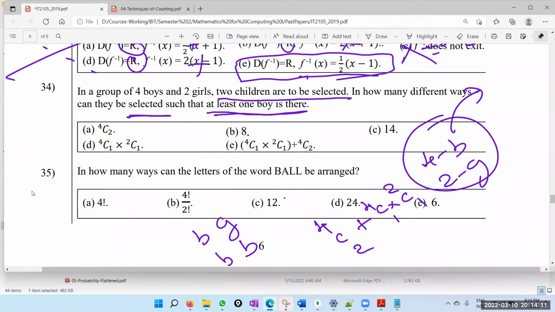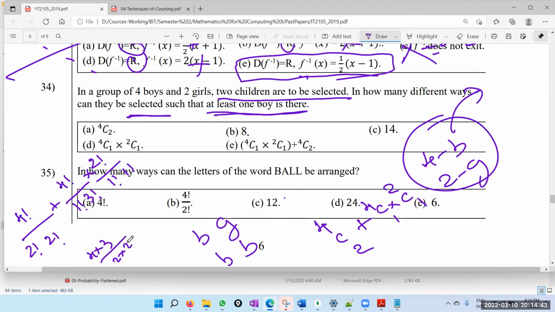This one, factorial 4, factorial 2, factorial n minus R is factorial 4 minus 2 is again factorial 2, plus 4C1, factorial 4, factorial 1, factorial 4 minus 1 is factorial 3 into factorial 2, factorial 1, factorial 2 minus 1 is factorial 1 again. 4 into 3 divided by 2 into 2.